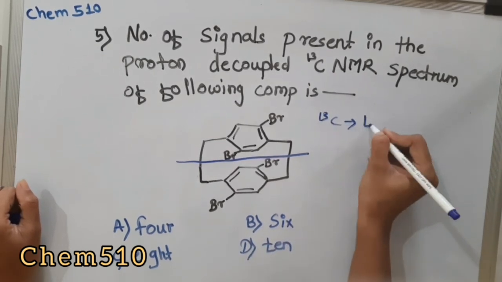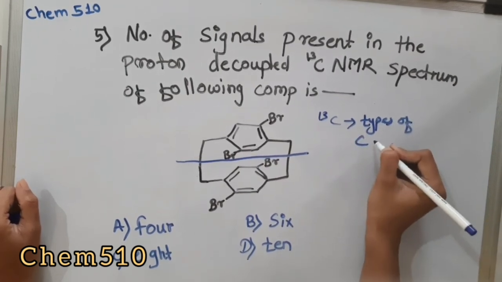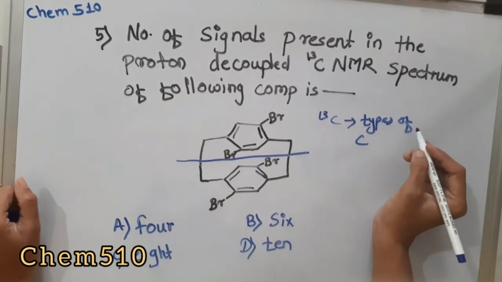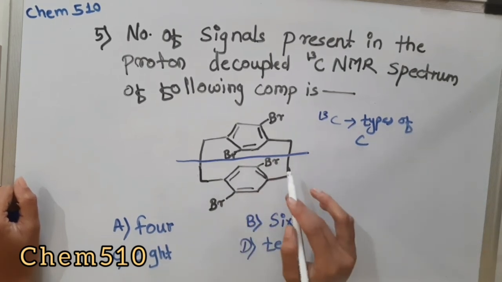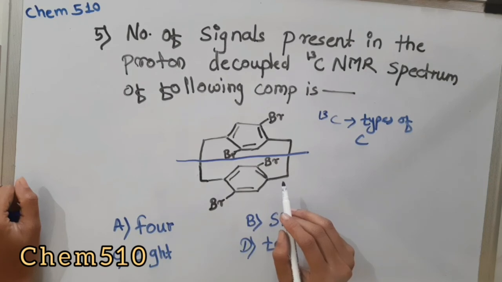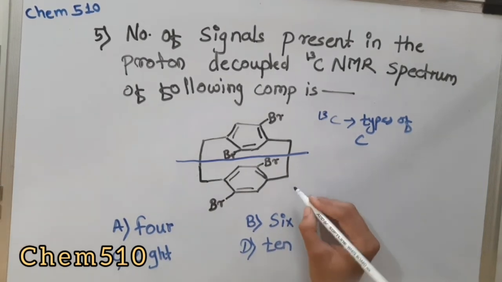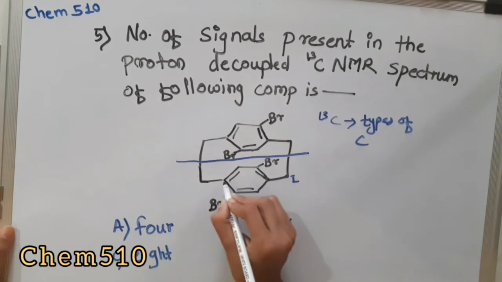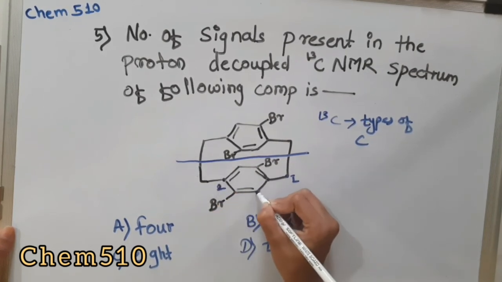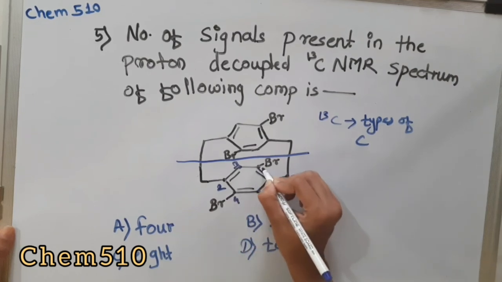The given compound has a plane of symmetry and has 4 types of carbon, which is first carbon is this, then this is second carbon, third carbon, and fourth carbon.